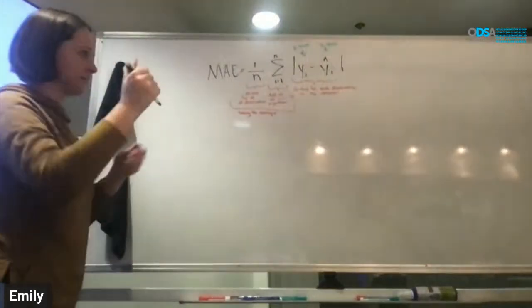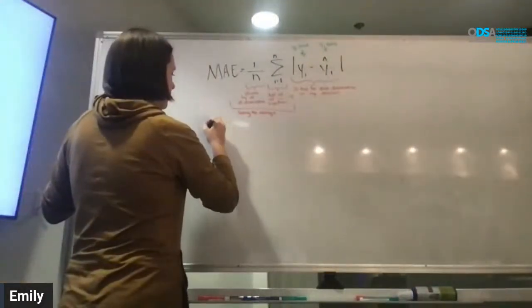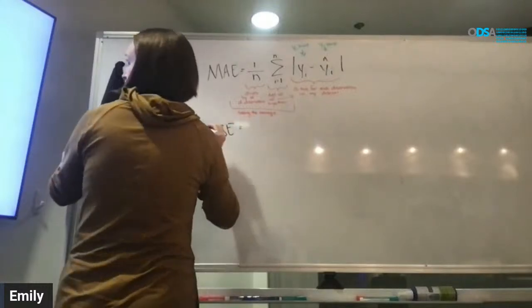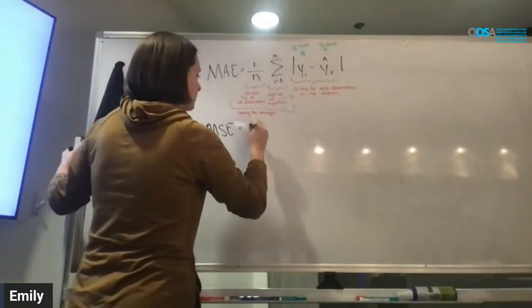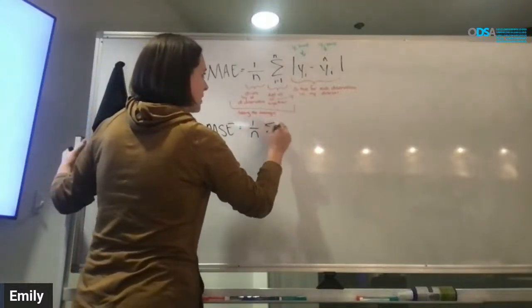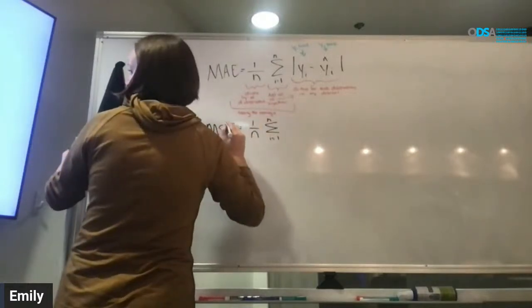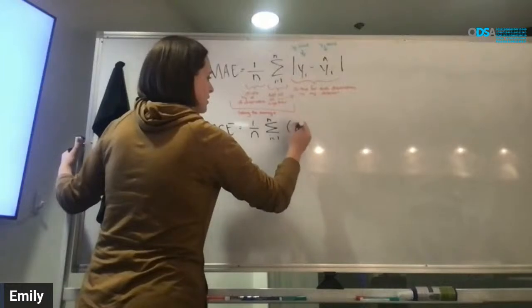Let's get this one up here. We have our mean squared error, which equals 1 over n, same summation function from 1 to n. And then we're going to do the squared differences.